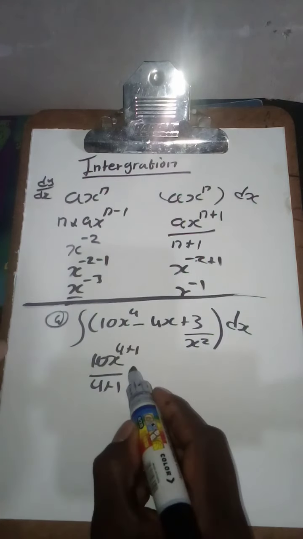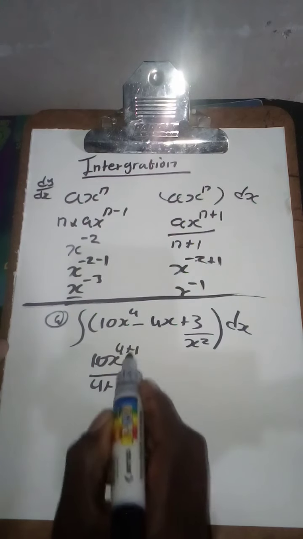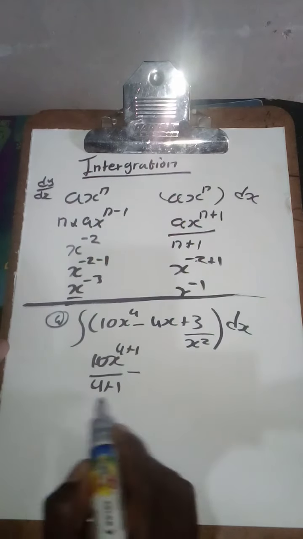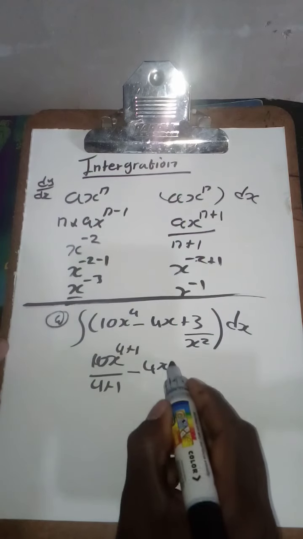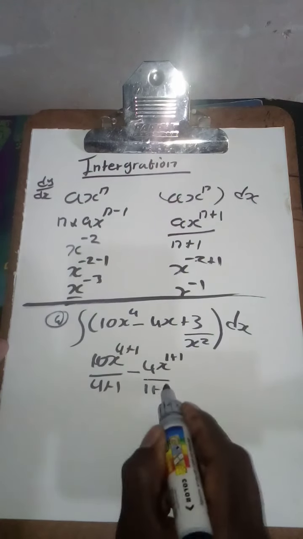Let me say minus that right there. It's all about what you do on the power, it's the same thing that you do down there. So here what you're going to have is 4x, where the power is 1, so you say 1 plus 1 divided by 1 plus 1.